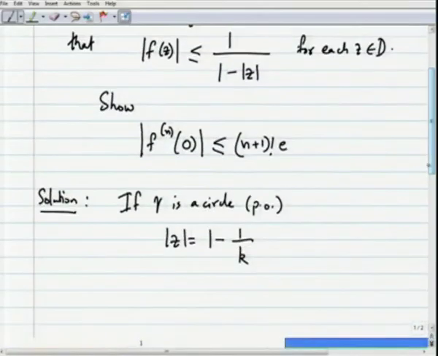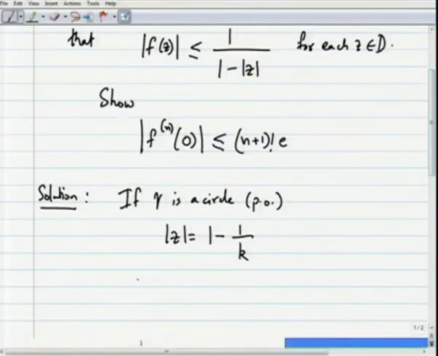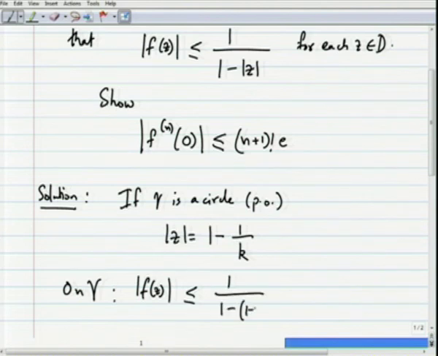So, what we get is the modulus of f of z on the circle gamma. Modulus of f of z we know is less than or equal to 1 by 1 minus 1 by k, which gives us k.